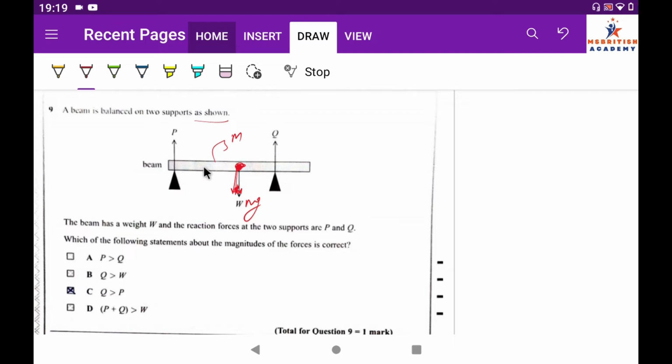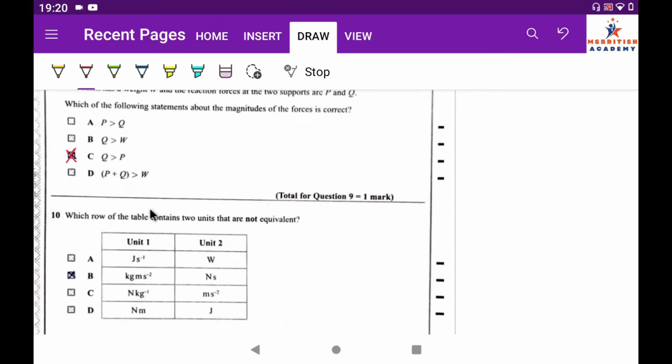But these supports are not balancing the actual mass of this beam. This will feel less weight as compared to this. It will feel higher weight because it is closer to the center of mass, and this is far from the center of mass. So we can say Q will feel larger force, so its reaction force will also be larger, so Q will be larger than P. So from here the answer is going to be C.